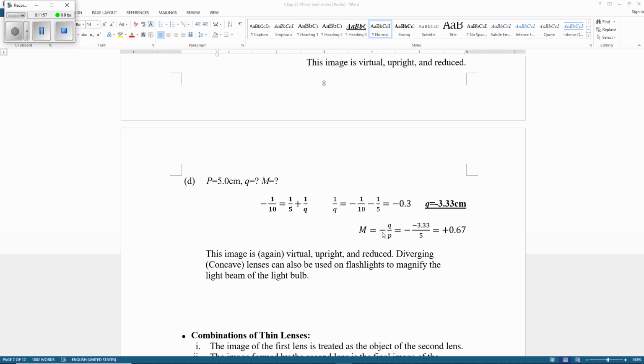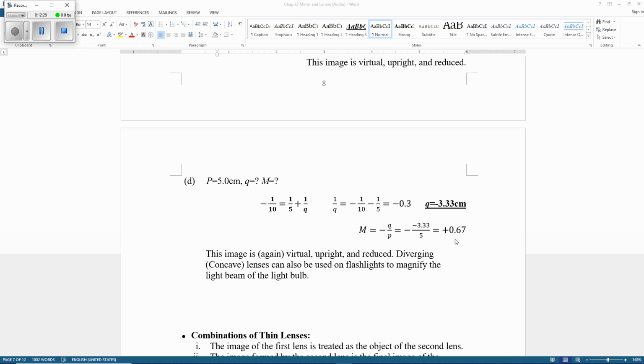Magnification equals negative q over p, negative negative 3.33 over 5 centimeters, that's p, and gives you positive 0.67. Again, this image is virtual because q is negative, upright because m is positive, and reduced because this number is smaller than 1.